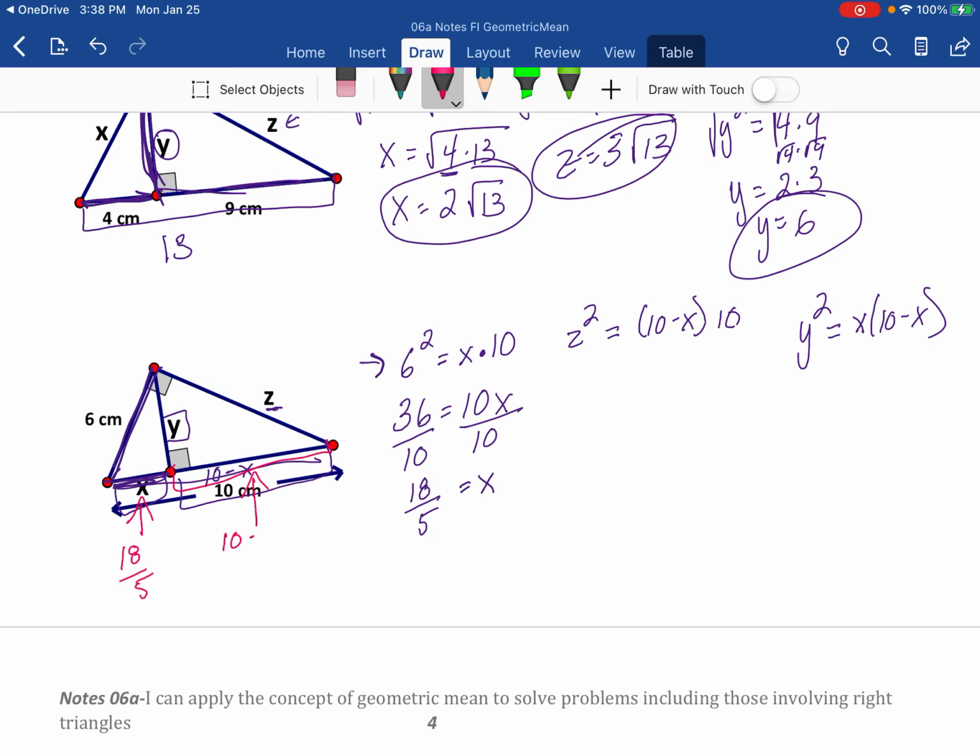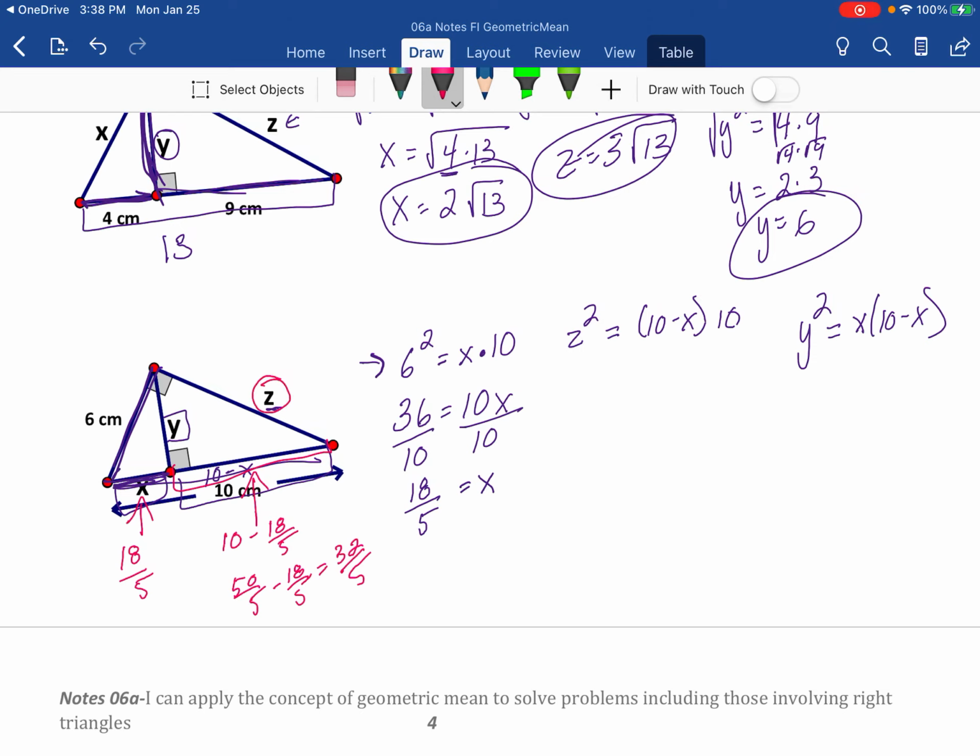This part right here is going to be 10 minus 18 fifths, which is 50 fifths minus 18 fifths, which is 32 fifths, yep, which is going to be quite helpful.